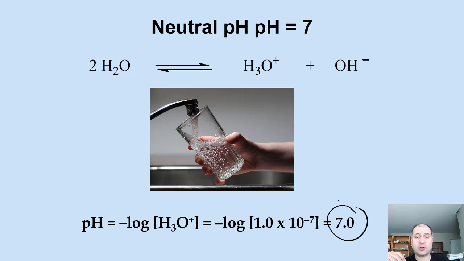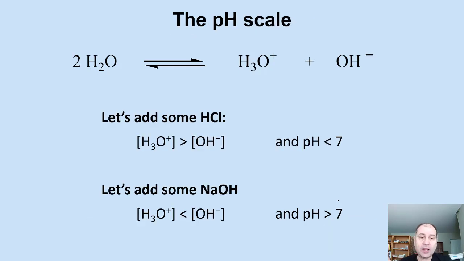So if you add hydrochloric acid to that, that's going to react with water to form more hydronium ion, so that's going to increase the concentration of hydronium, which will cause a shift to the left, which will deplete the hydroxide ion concentration, and we're going to form more water, which becomes irrelevant. But that means now we're going to have a larger concentration of hydronium, so your pH is going to drop to something less than 7.